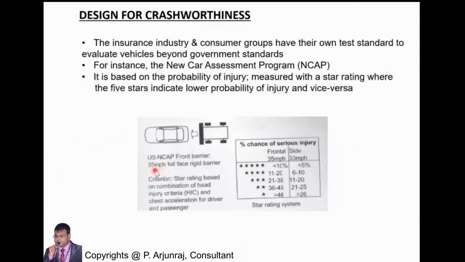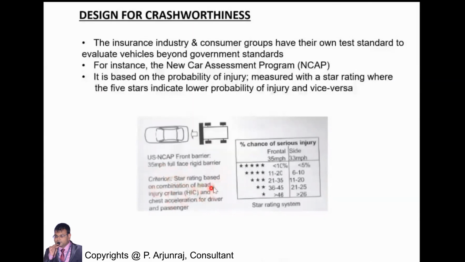As I said, NCAP stands for New Car Assessment Program. So this is the front barrier, running at 35 miles per hour, and it is considered a full face rigid barrier. The criteria here is the star rating based on the combination of HIC.